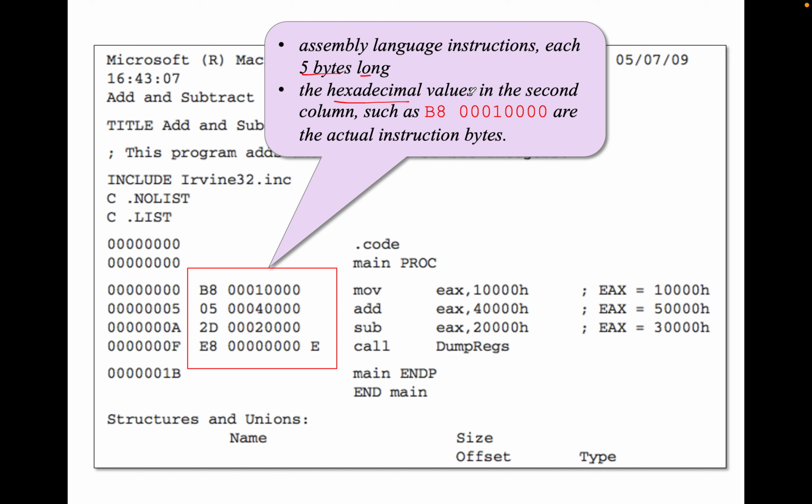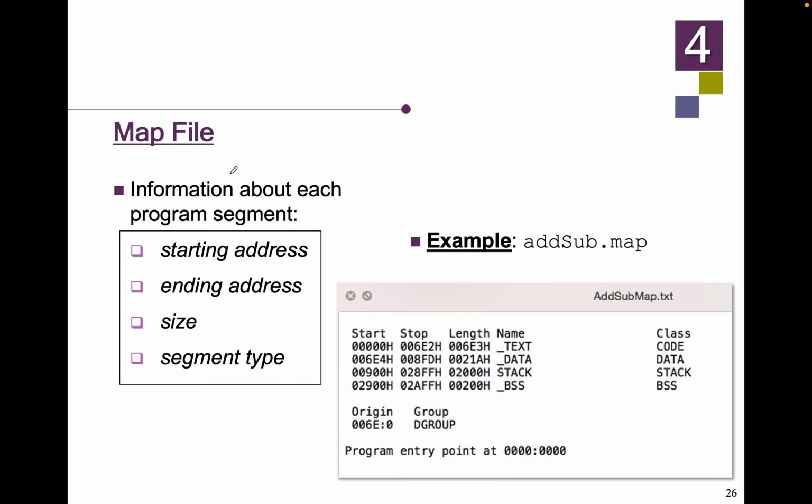The hexadecimal values in the second column here, such as B8 and then 001000, are actually instruction bytes. So here are the things that are under your dot list. So what is inside your dot list? You can see now, right?